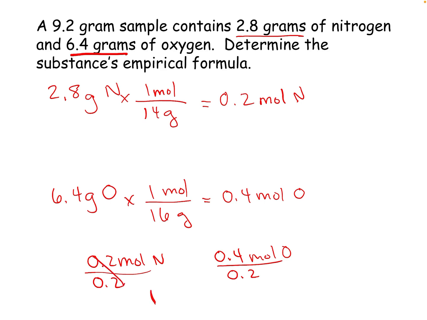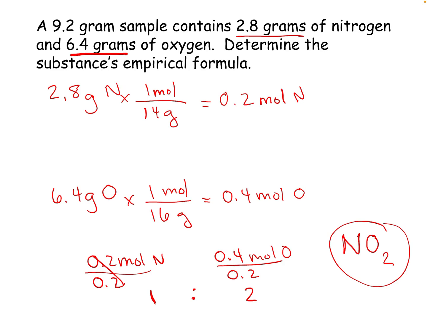When this divides out, you get a 2. And now this is a ratio of those atoms. 1 nitrogen atom to 2 oxygen atoms. So your formula will be 1 nitrogen atom, 2 oxygen atoms. And as you can see, that can't be simplified any further, so that is the empirical formula.